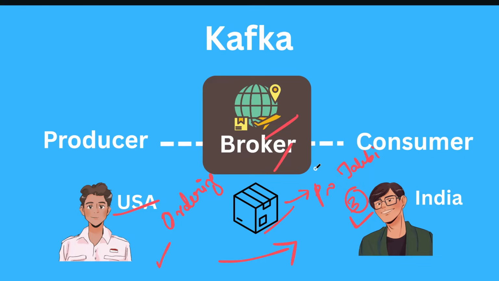This ordering service wants to send this to the packaging service, which is the consumer here. Instead of directly communicating with the packaging service, the ordering service can send this data, the event, into the broker, which is the Kafka queue. From that, our consumer can easily access it. There is no direct communication between producer and consumer, just a broker. Once you send that package to the broker, that's it.